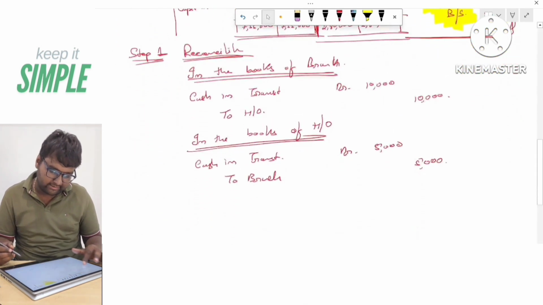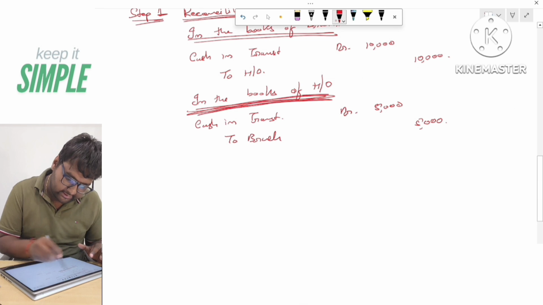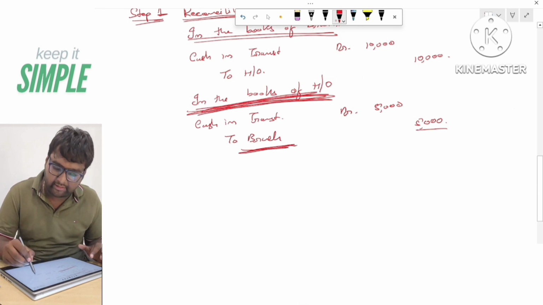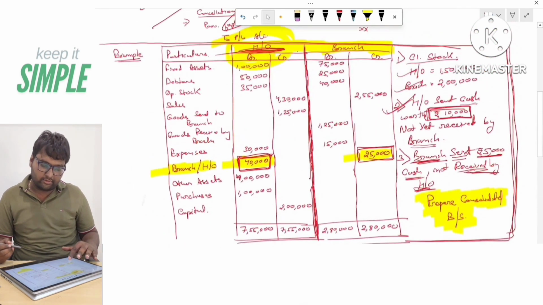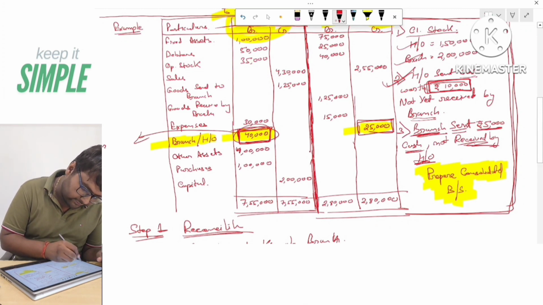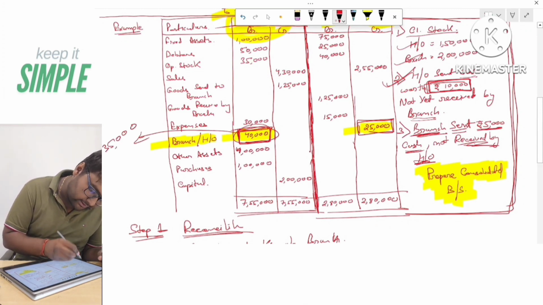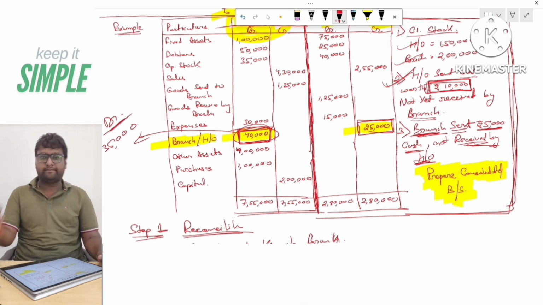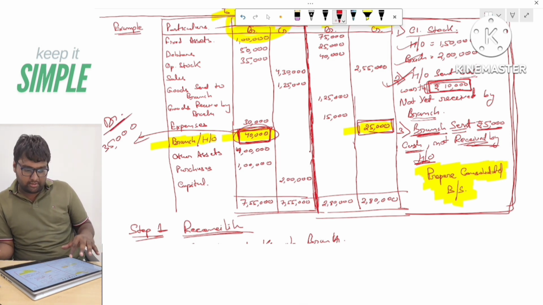So head office has passed the entry. Head office has credited branch by 5,000. So now it has a debit balance of 35,000. Correct? Debit balance of 35,000. Correct or not?